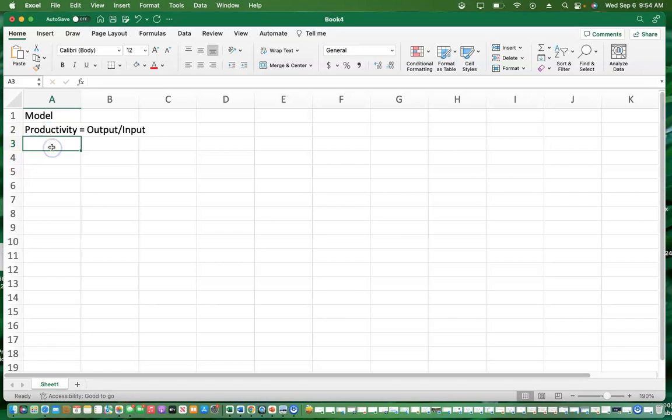In this case, we are asked to find labor productivity. I'm going to consider productivity as P and labor as L. So productivity of labor is the output per input of labor.